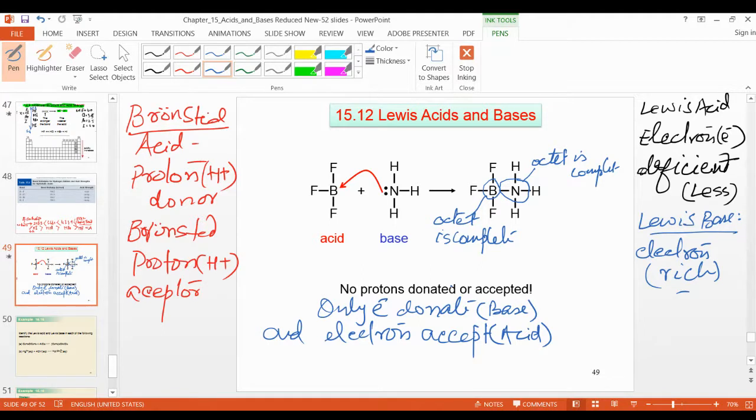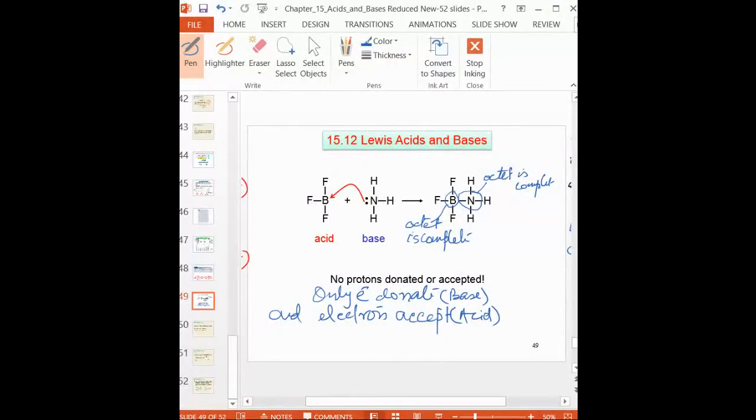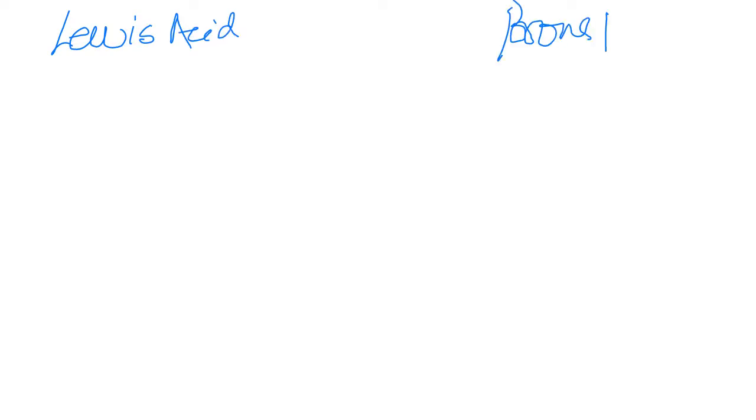Okay, what is the difference between the concept of Bronsted acid and base and Lewis acid and base? Lewis acid and Bronsted acid and base.